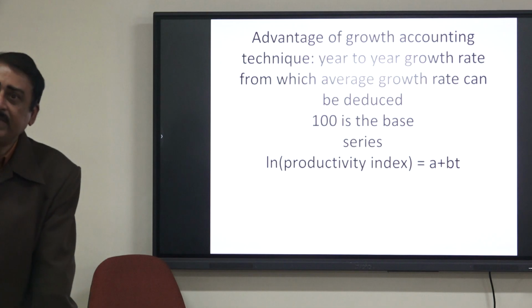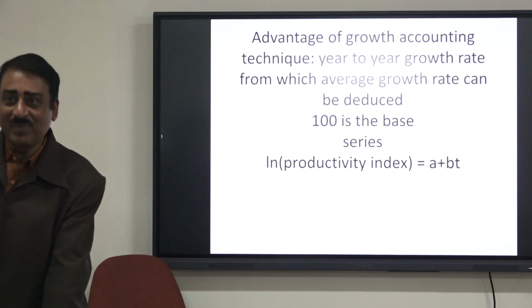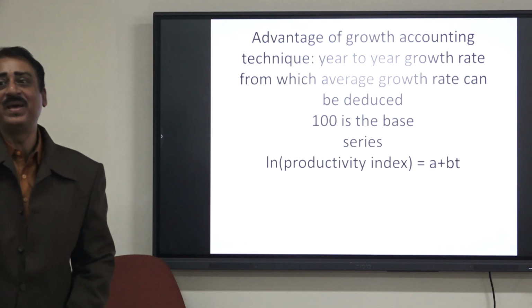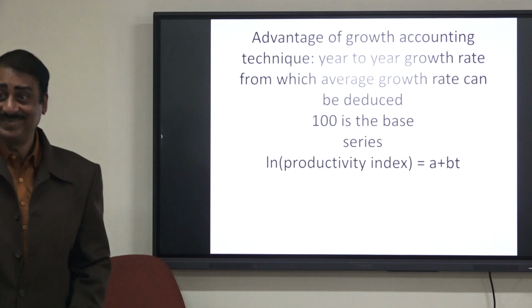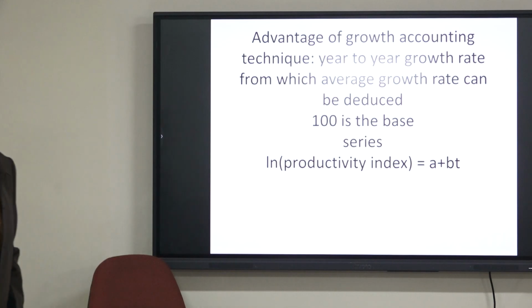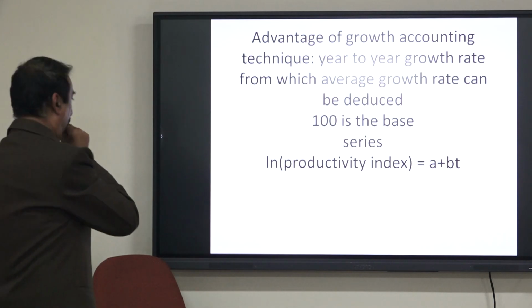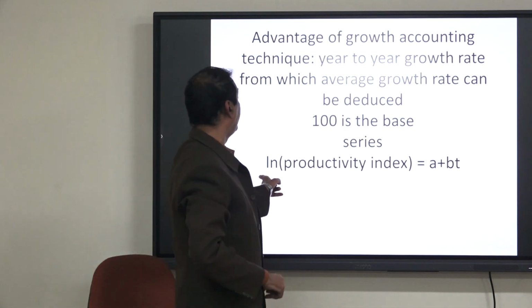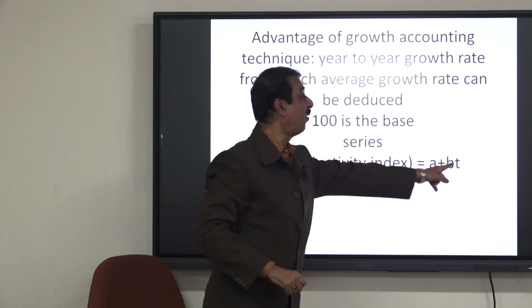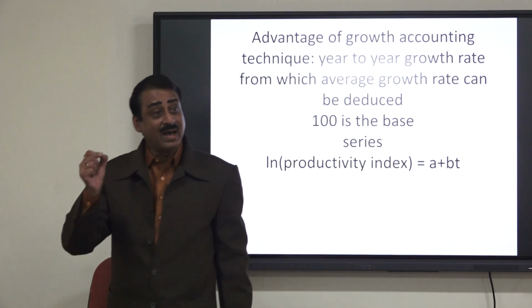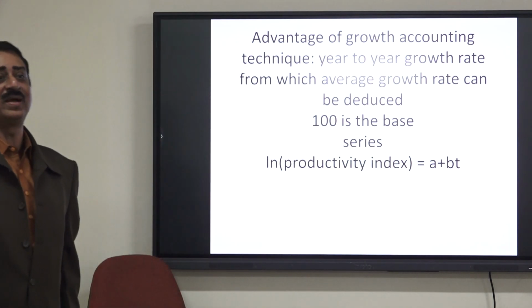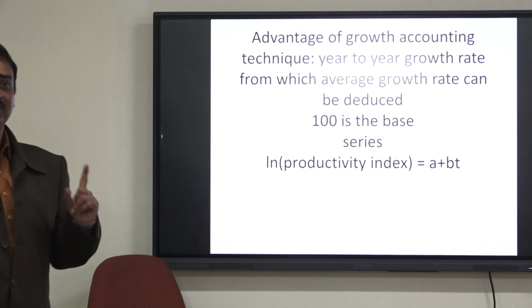So in 1980 it was 100, index is 100. 100 will become 101.1. Likewise, you prepare an index of total factor productivity, not growth. Okay, index of total factor productivity. And now you regress log of productivity index on time trend. This coefficient will give you the average rate of total factor productivity growth over this period.